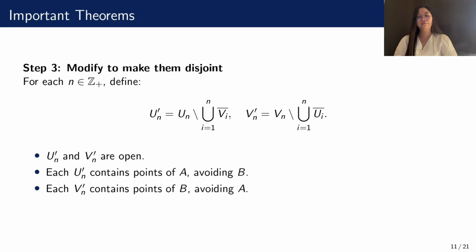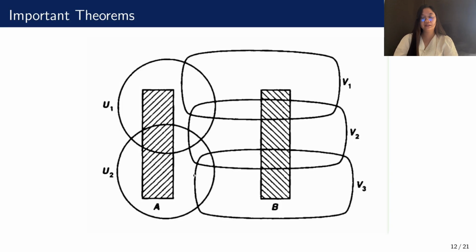This is the visual representation in the book by Munkres of how the proof goes. As we can see, A and B, the two rectangular shaded regions, are disjoint and closed.